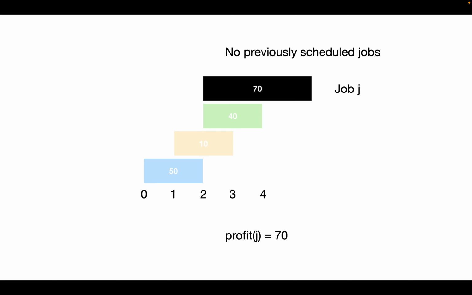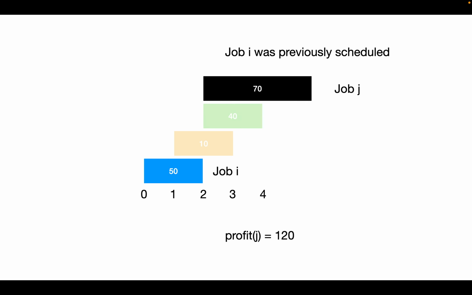So if job j happens to be the black job, we're going to iterate and consider all of the previous jobs as potential predecessors. So if there's no job at all, we can default and say that the profit is going to be 70. So if the blue job is job i, we take a look at that as a potential predecessor.